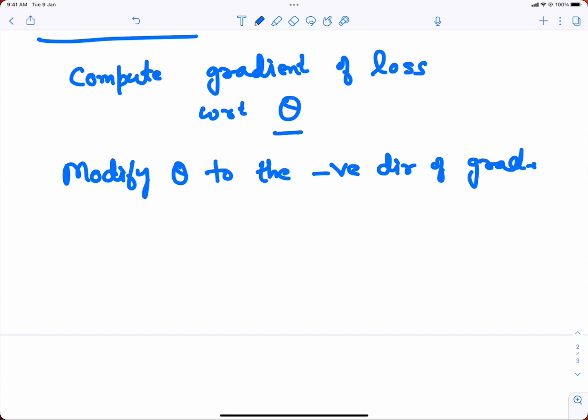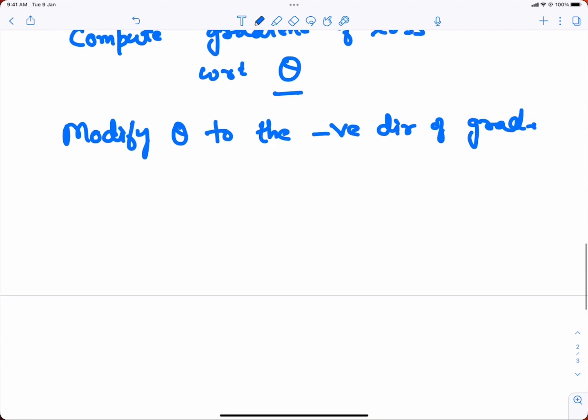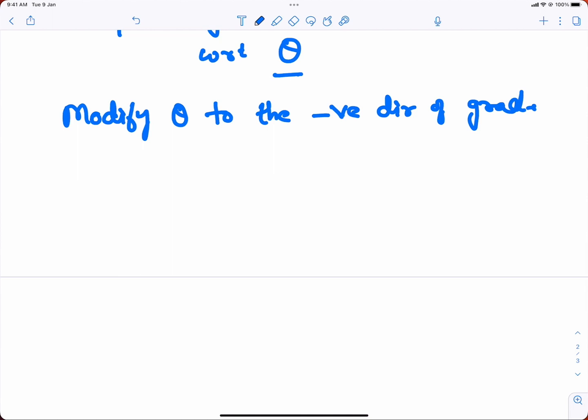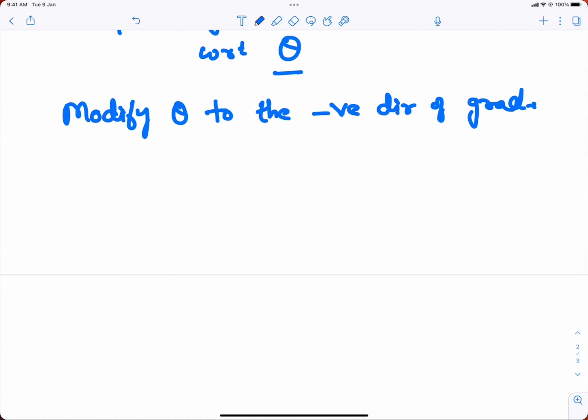So we update the model parameters towards the negative direction of the gradients.